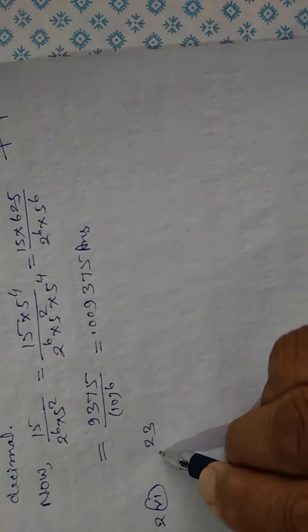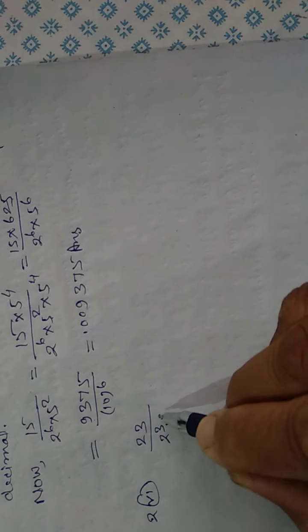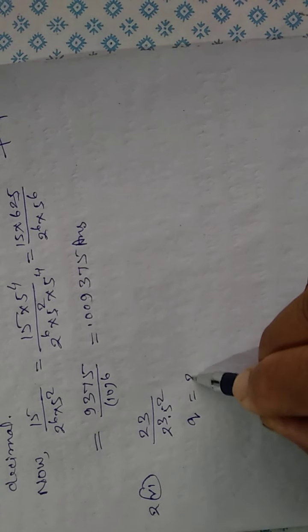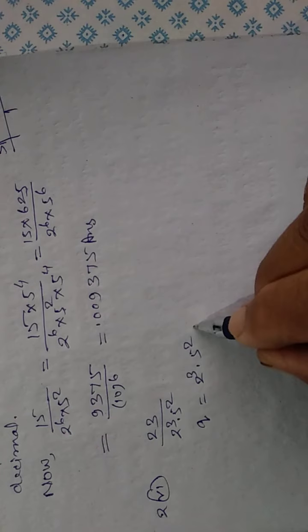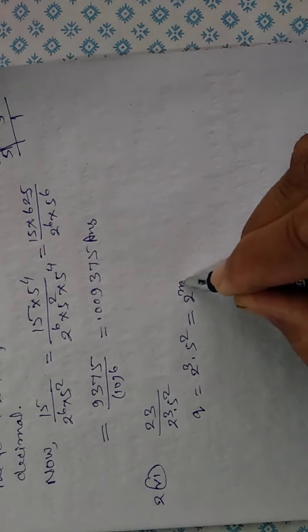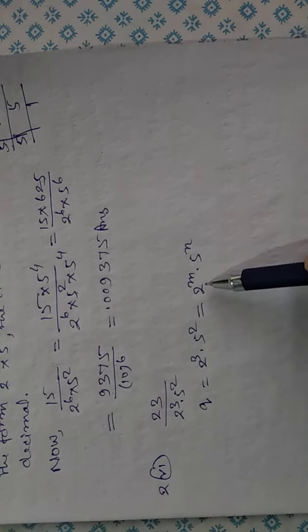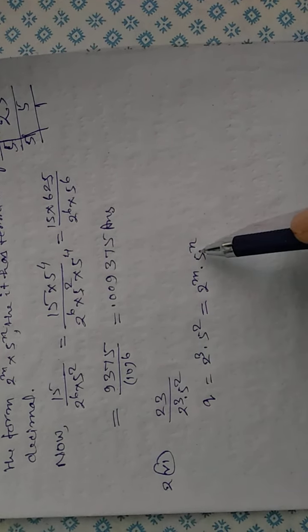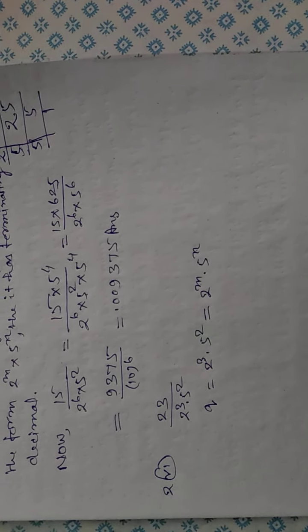23 by 2 power 3 into 5 power 2. Here Q is 2 power 3 into 5 power 2, and it is in the form of 2 power m into 5 power n. Compare with this: m is equal to 3, n is equal to 2, where m and n are non-negative integers.